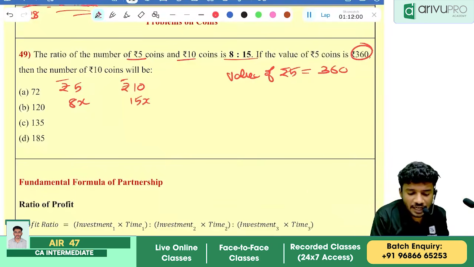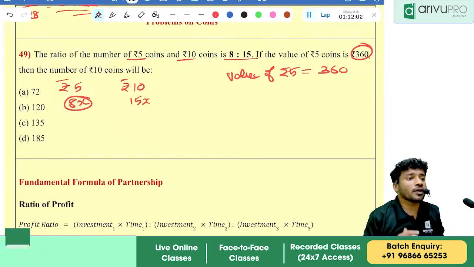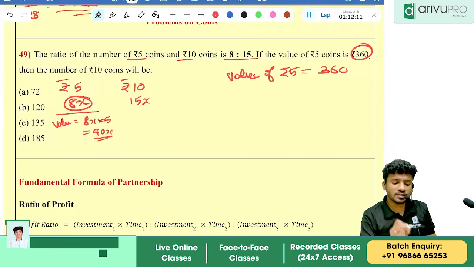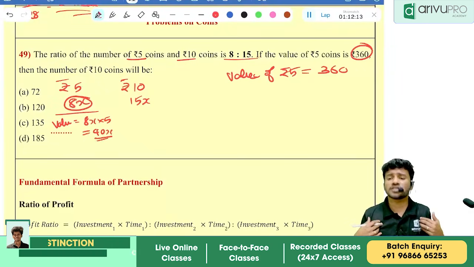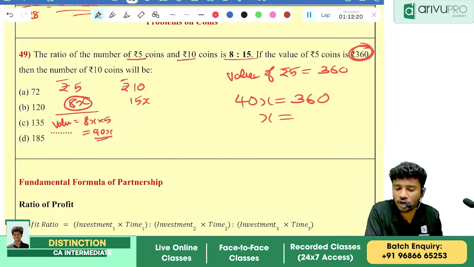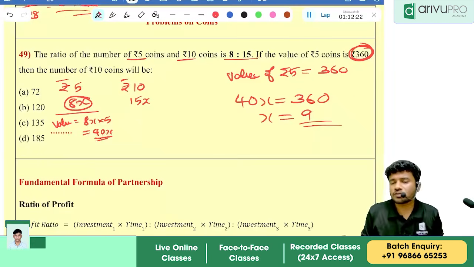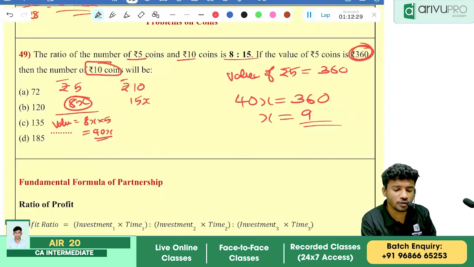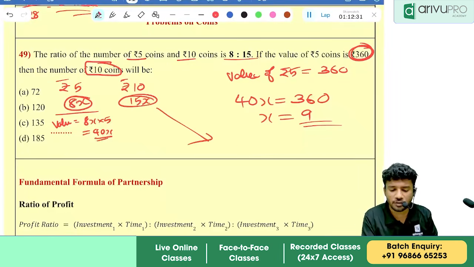Similarly, if 8x 5 rupee coins are there, the value is 8x into 5, which is 40x. But as per the question, 40x is equal to 360. So x is equal to 360 divided by 40, which is 9. Now the question is the number of 10 rupee coins. How many 10 rupee coins are there?